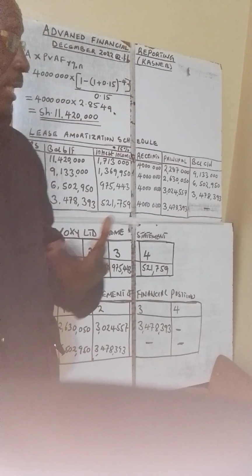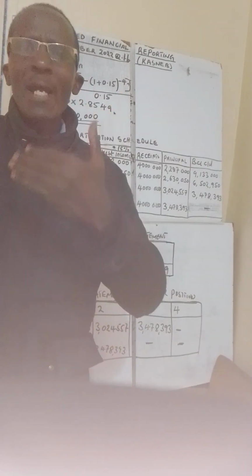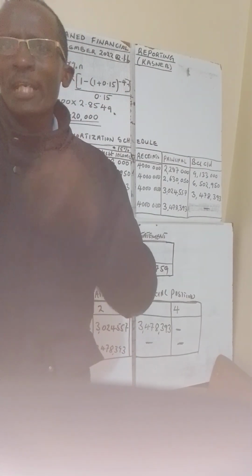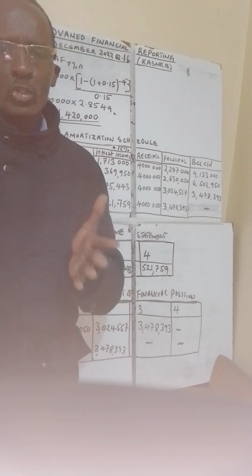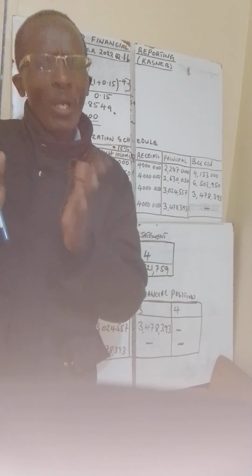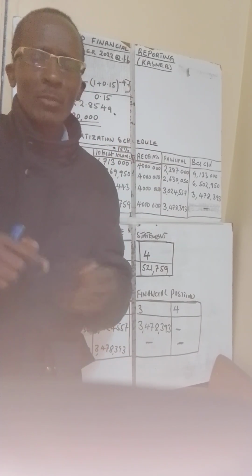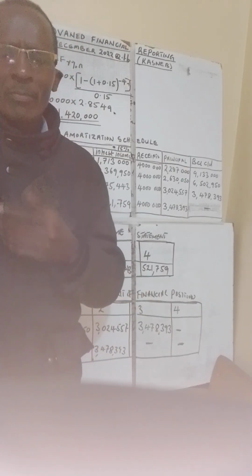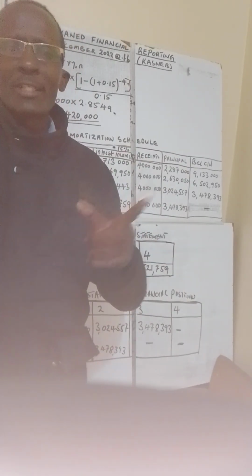I'll still discuss leases under IAS 17 and IFRS, that is International Financial Reporting Standards, which is the theory part of it. We should be able to look at the comparison or any relationship between International Financial Reporting Standards with respect to leases, as well as the International Accounting Standard concerning leases.